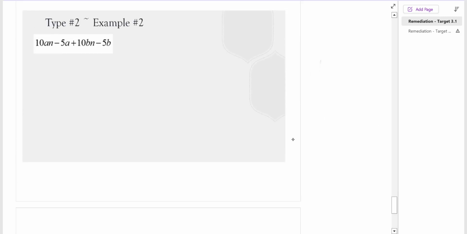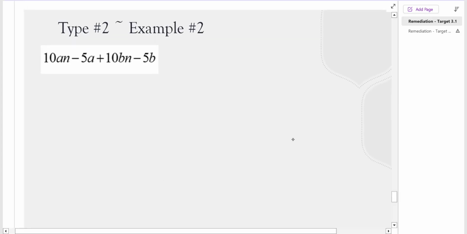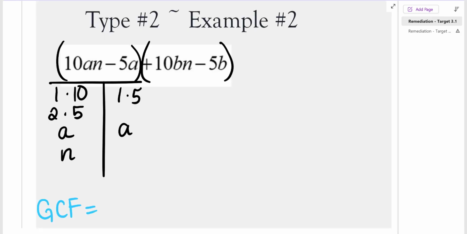All right, here's example 2. Try on your own first, pause this video, and then you can check with my answer. Okay, here is the answer to example number 2. First, I did my 2 sets of parentheses, then I'm finding the factors of the first group. So the factors of 10 are 1 times 10, 2 times 5, I have 1a and n.